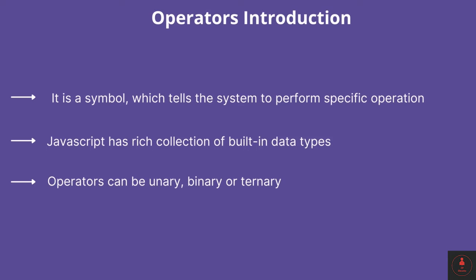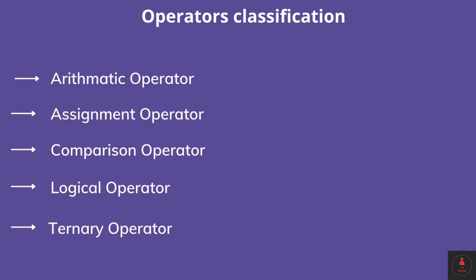In JavaScript, we have a vast list of operators, and using individual operators we can perform specific tasks. On the basis of the operands, these operators can be classified as the unary operator, meaning a single operand operator, the binary operator, meaning the operator has two operands, or the ternary operator, meaning the operator has three operands. But functionally we can classify them into categories such as the assignment operator.